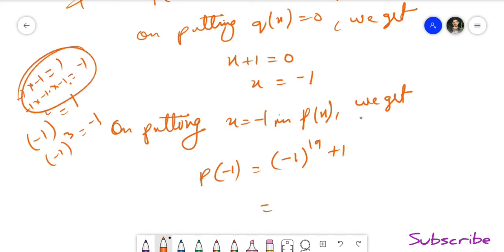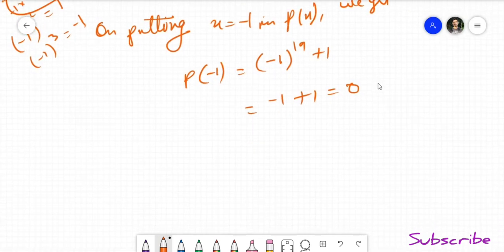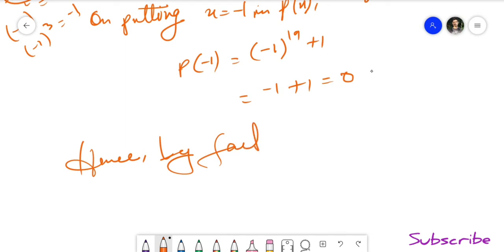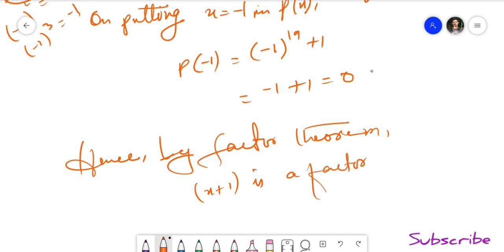So that's why minus 1 and plus 1, and if you see this is equal to 0, and as we got 0, hence by factor theorem, x plus 1 is a factor of x power 19 plus 1.